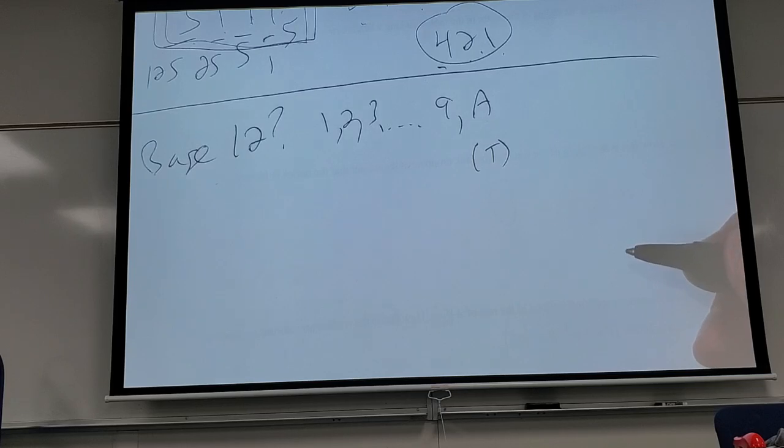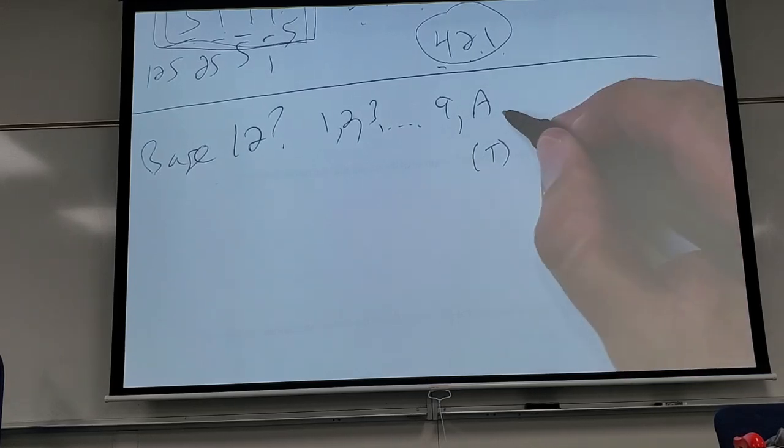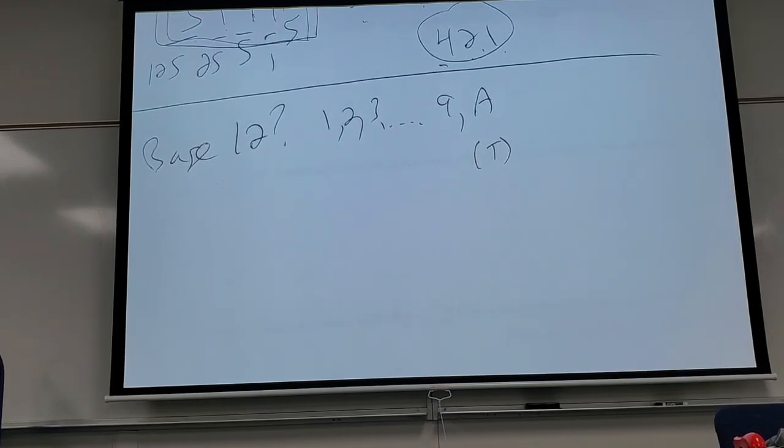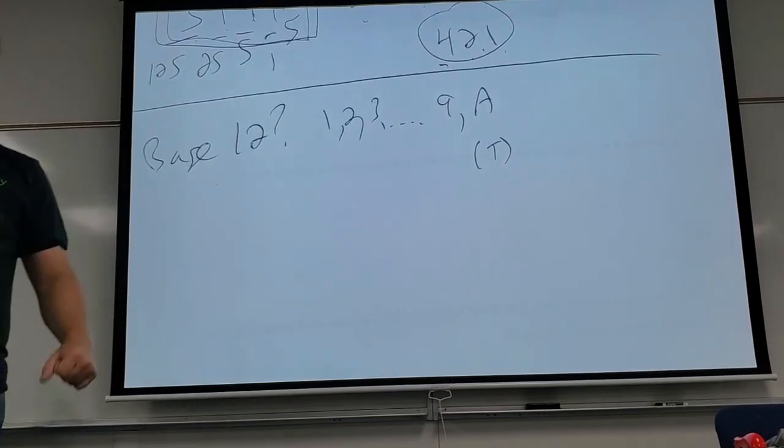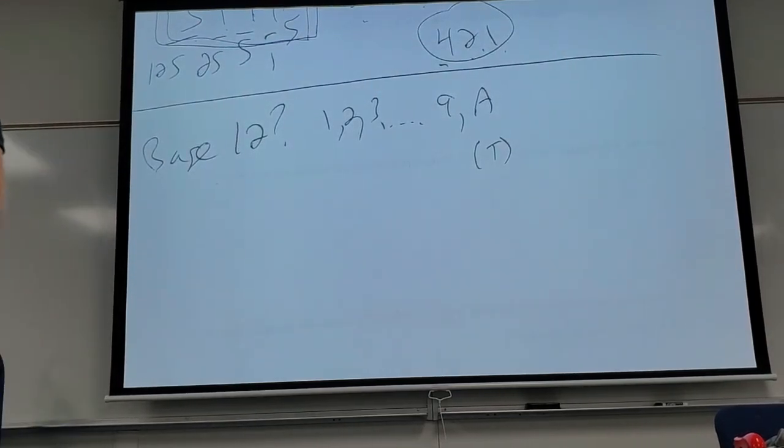Yeah. Okay. And this is so weird to us. So we can represent the idea of 9 with a single digit, but the idea of 10 takes us 2 digits to represent, correct? Base 12 needs those to be single digits. So then we just have to come up with a symbol.